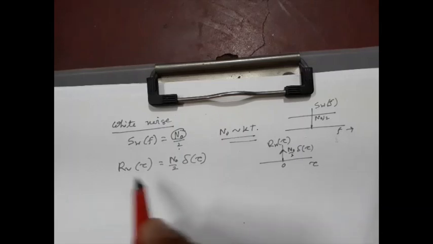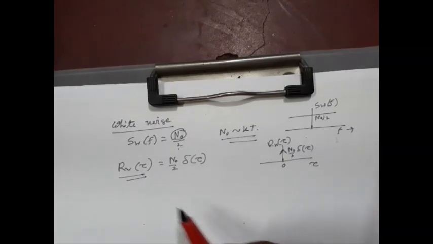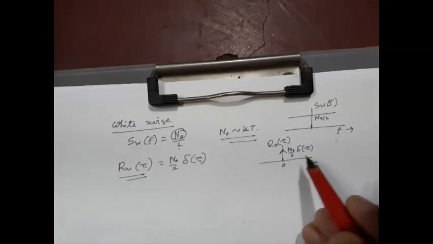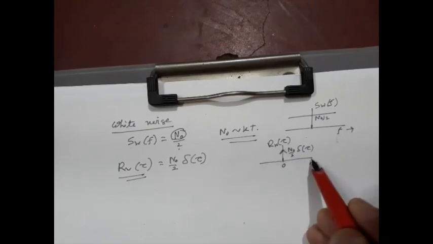That means this autocorrelation function is 0 when tau is not equal to 0. So it exists only at a particular time, and it doesn't exist at all other times.